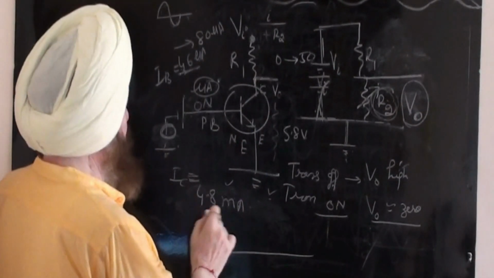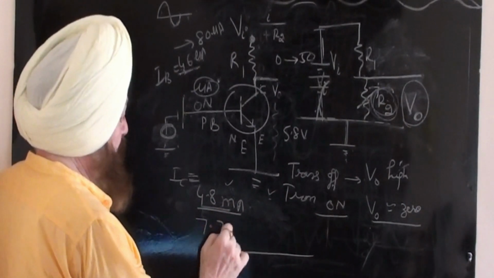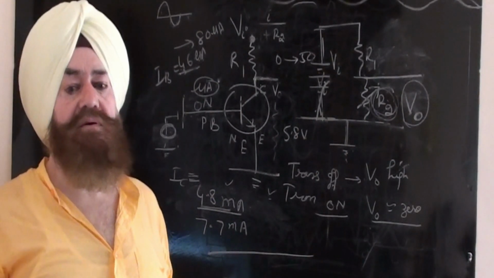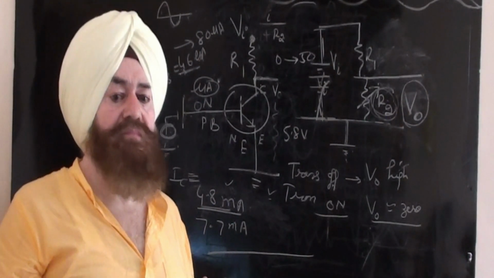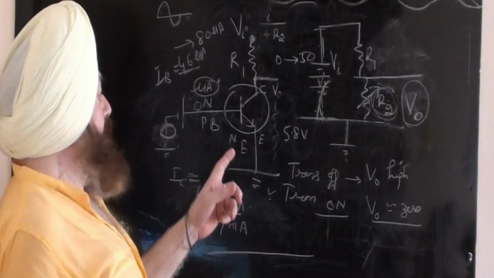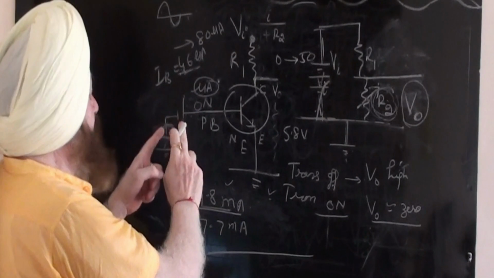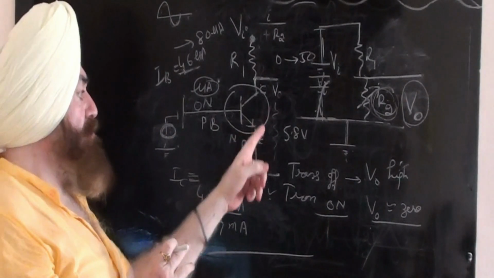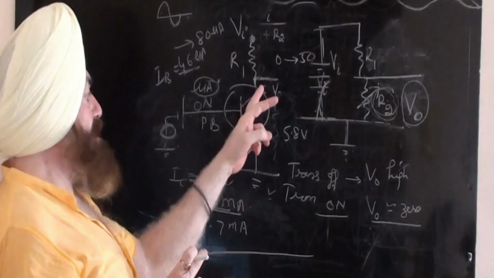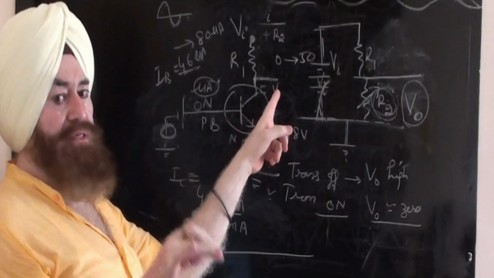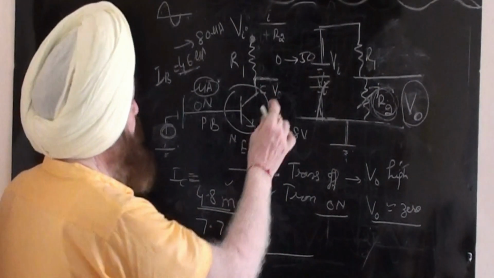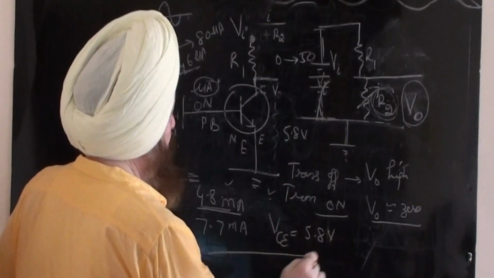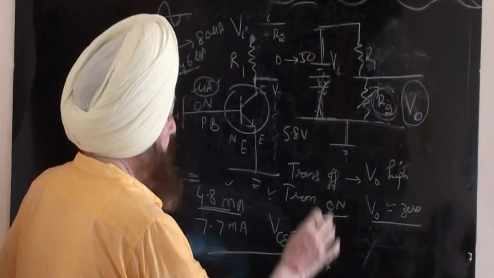Because the base current is increased, there is more conduction. More conduction means less resistance. Less resistance means the voltage here falls down. So the collector ammeter voltage, which before was 5.8 volt, now goes to, suppose, 2 volt. It goes down.